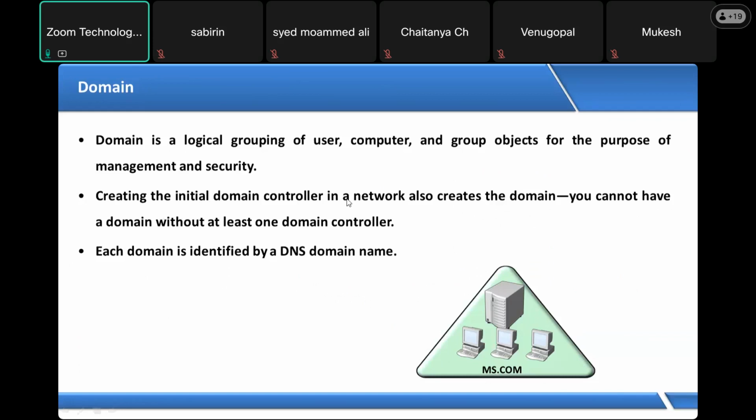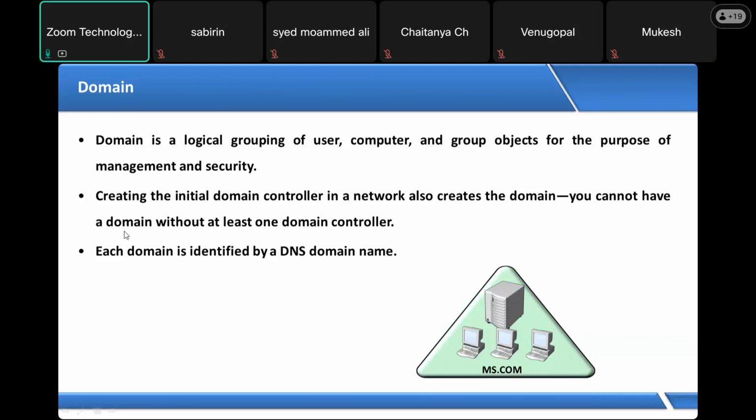Creating the domain controller in a network also creates a domain. While configuring the domain controller, we have to give a name. That name is called the domain name, or simply domain.